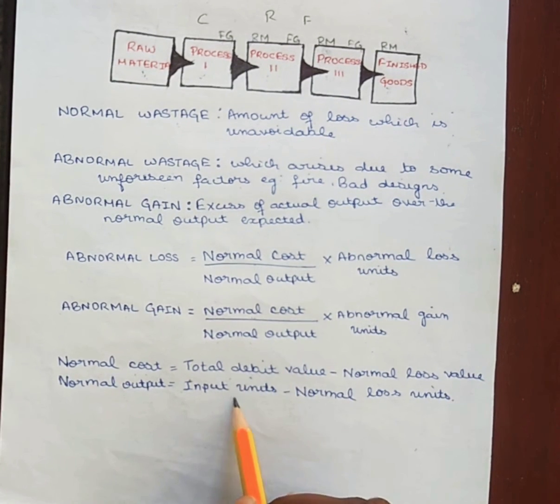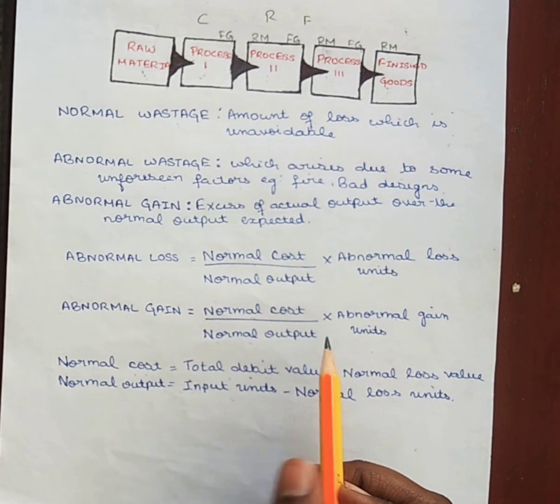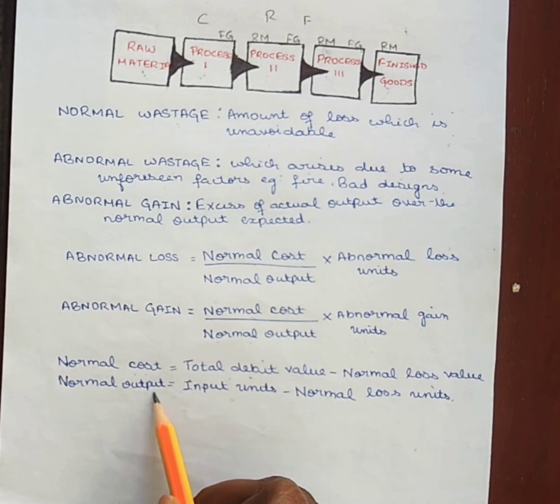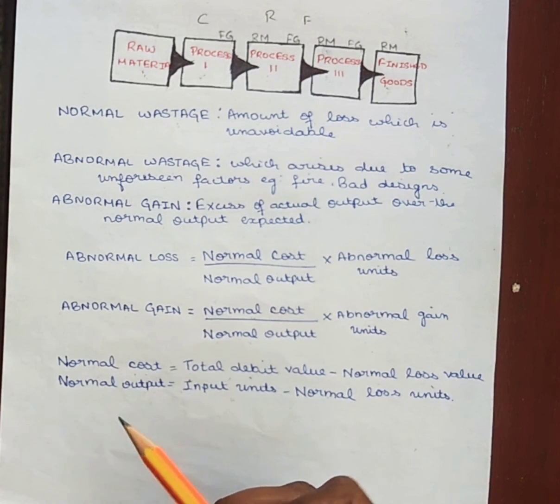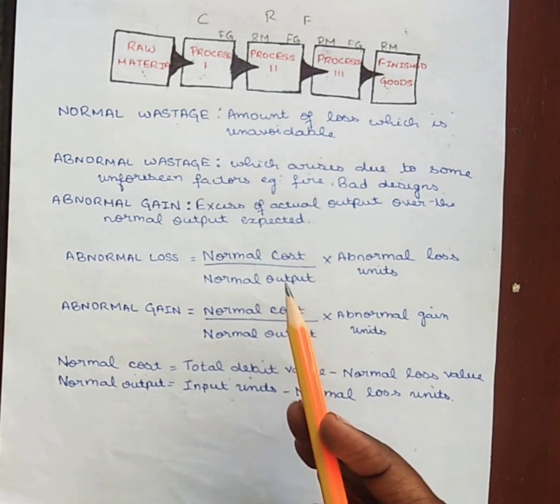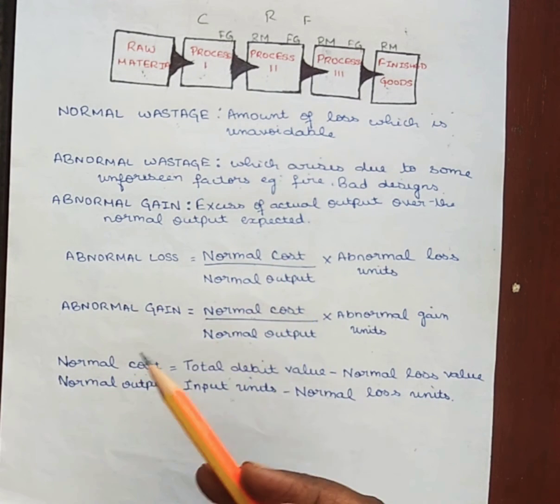Your input units is nothing but the raw materials that you have introduced in order to manufacture a product. Input units minus the normal loss units will give you the normal output. So these are the things that you need to keep in mind in order to solve problems under process costing. Rest everything will fall in place, like the expenses and the incomes.